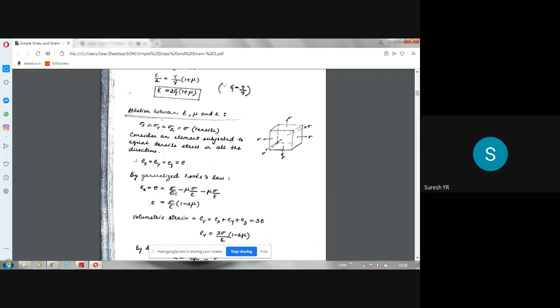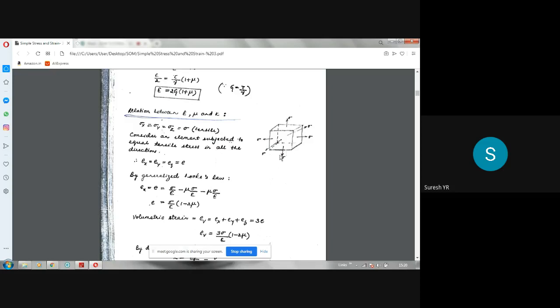So here the linear strain in the x direction is sigma by E, because sigma is the tensile stress given in the x direction. Now taking the y direction, there is a tensile stress in the y direction, but its effect in the x direction will be compressive. Therefore I have to take minus mu, the Poisson's ratio, because it is a lateral strain term, times sigma divided by E. Next, in the z direction also a tensile stress is there.